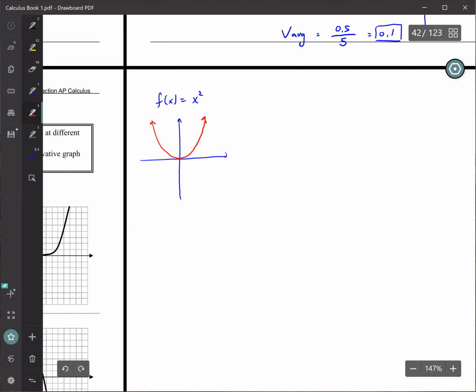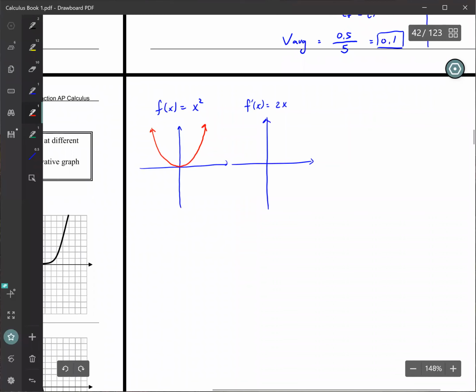After using the limits, we derive a new function, which is 2x. How do we graph this one? What does the graph look like for 2x? Linear, yeah. This one has a positive slope of 2, so I'm going to graph that. Something like this.